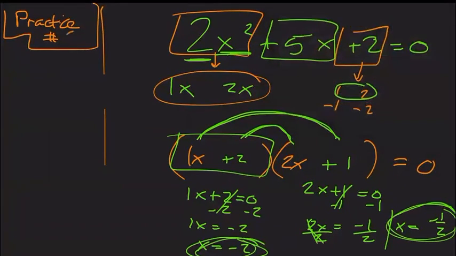So let's go ahead and try practice number 2. And this time, let's say we have 3x squared plus 6x plus 3 equals 0. Let's go ahead and pause the video and give this a try.